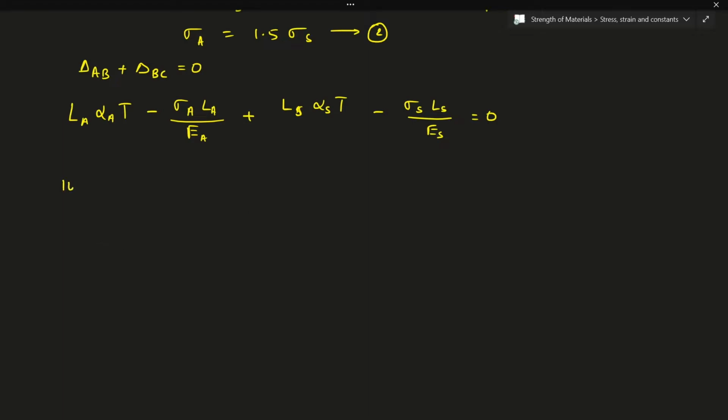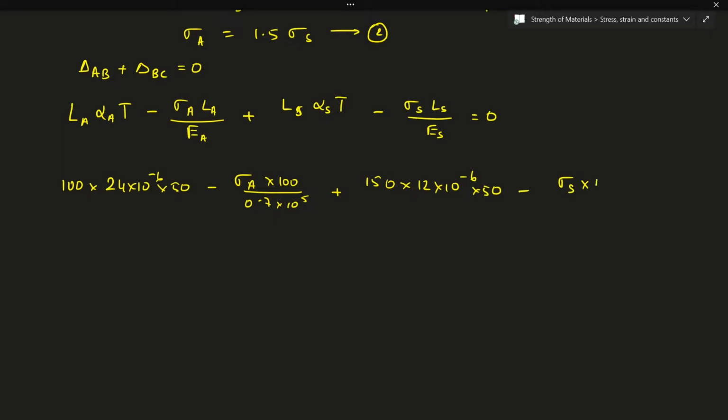Now if I substitute here, I'll have 100 into 24 into 10 to the power of minus 6 into 50 minus sigma A, this is what we will have to find out, into 100 whole divided by 0.7 into 10 to the power of 5, plus the steel length is 150 into 12 into 10 to the power of minus 6 into 50 minus sigma S into 150 divided by 2 into 10 to the power of 5 whole, everything would be equal to 0. Now if I simplify this, I'm going to get 1.43 sigma A plus 0.75 sigma S will be equal to 210.